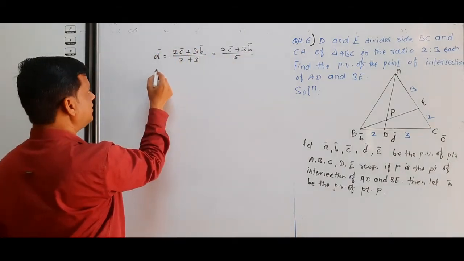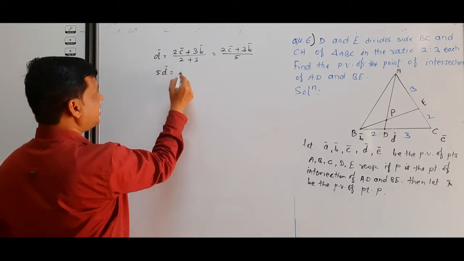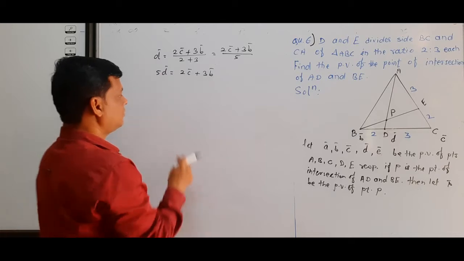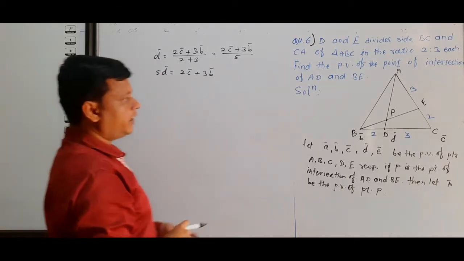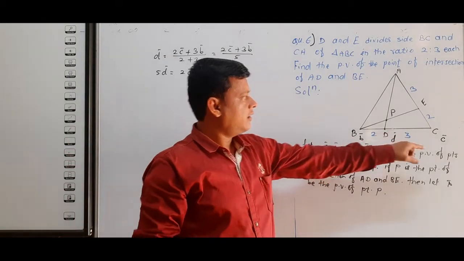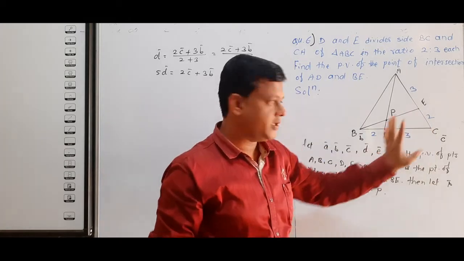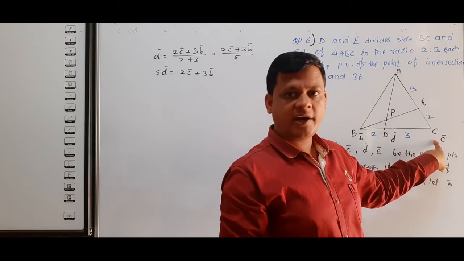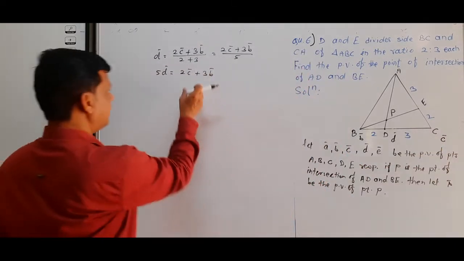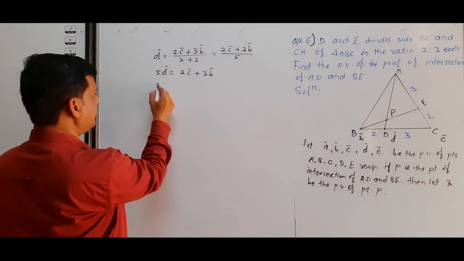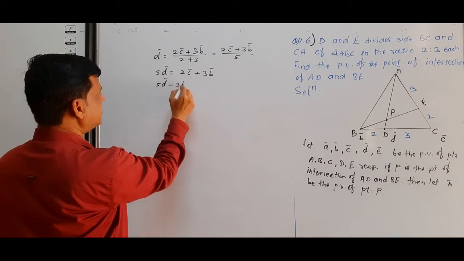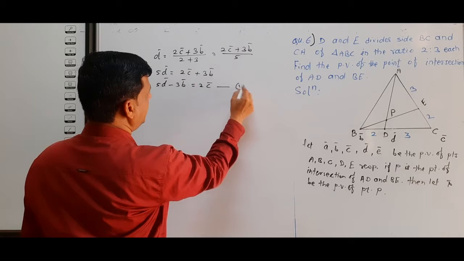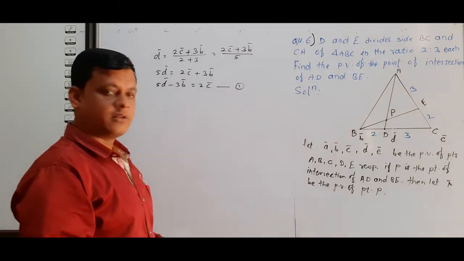We write here 5D bar is equal to 2C bar plus 3B bar. So we reduce this in the form of vector C, because in both sides BC and AC, vector C is common. So we write this as 5D bar minus 3B bar is equal to 2C bar. So we denote this as equation number 1.